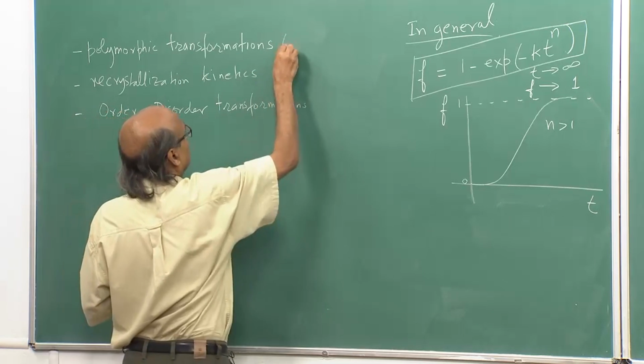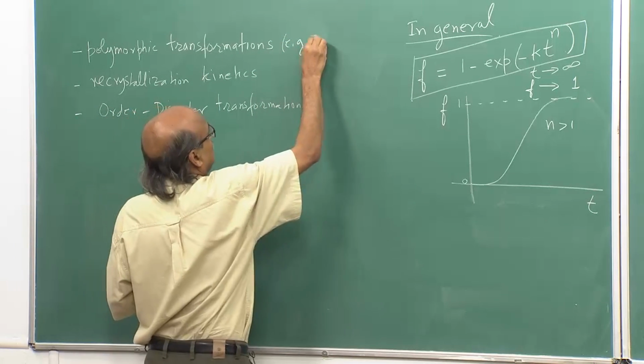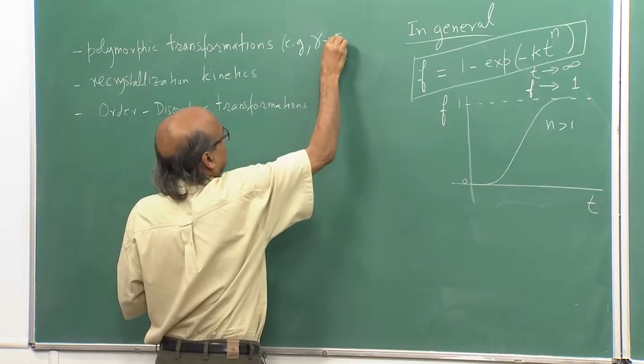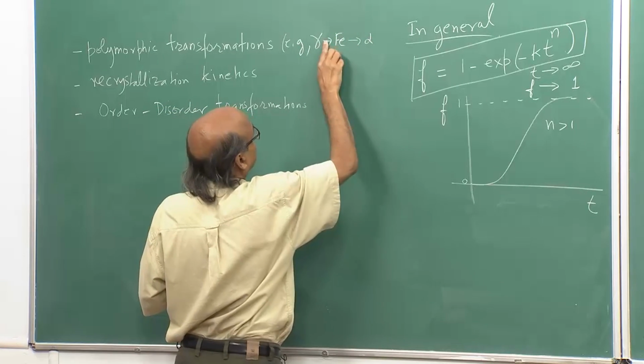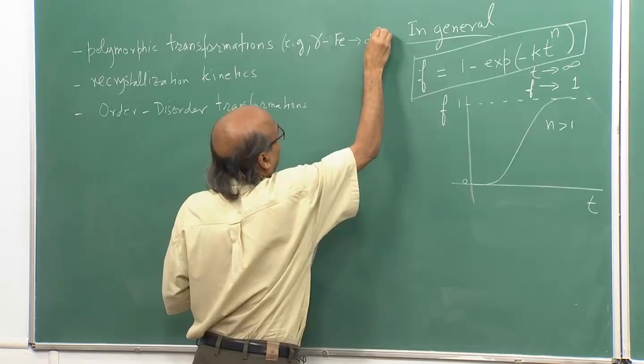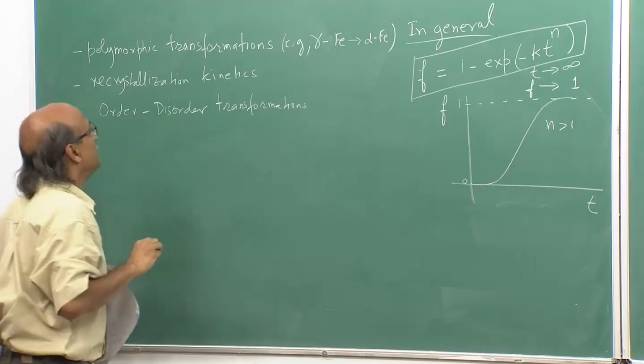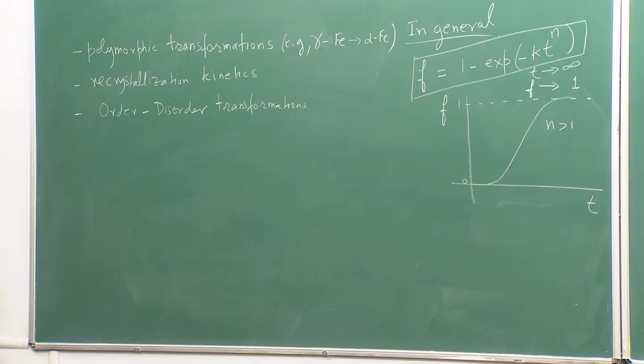Polymorphic transformation, for example, could be iron in the face centered cubic state, gamma iron, transforming to alpha iron or the body centered cubic iron.